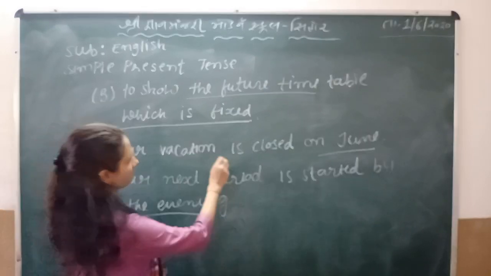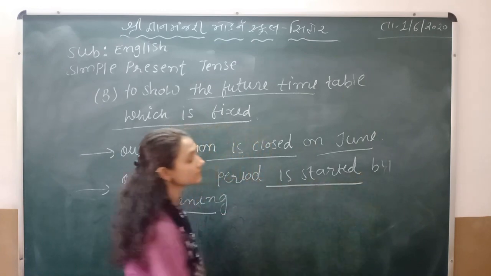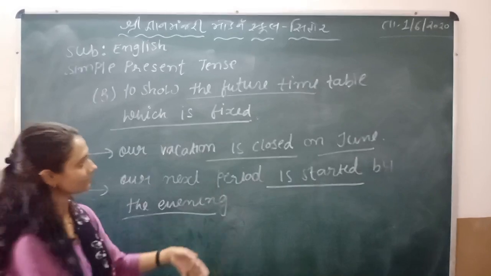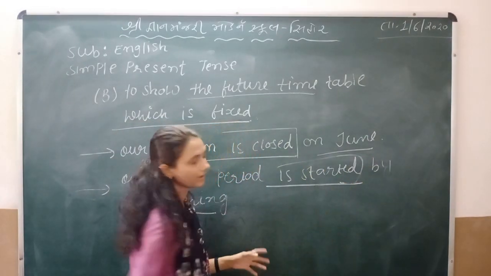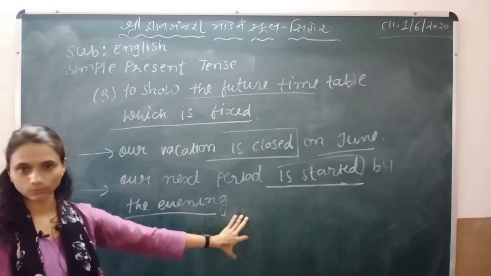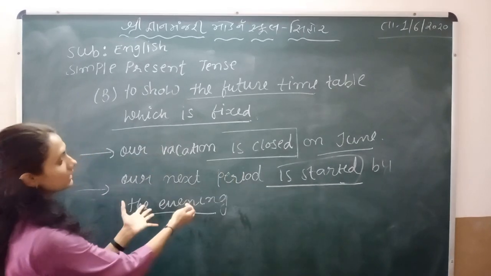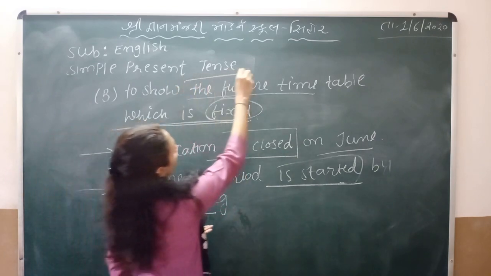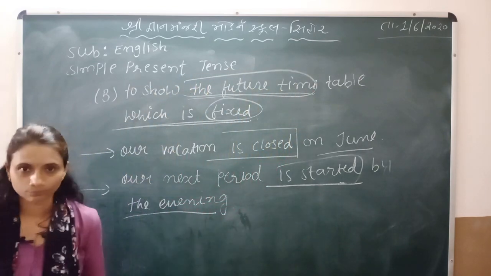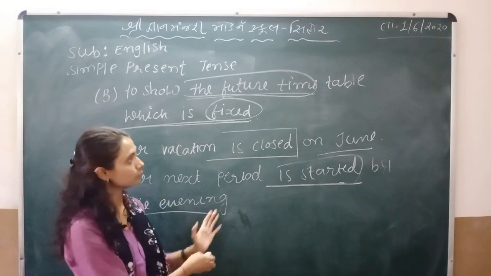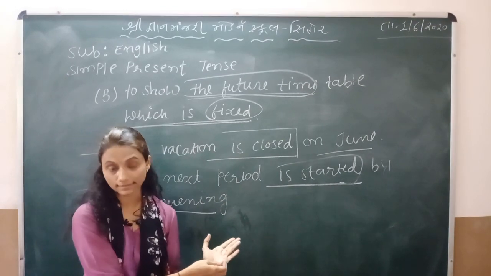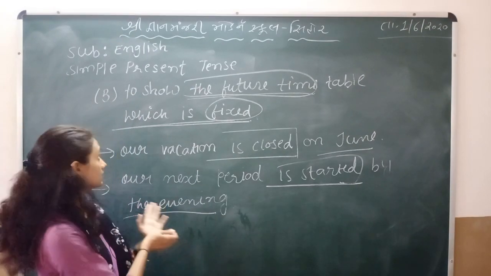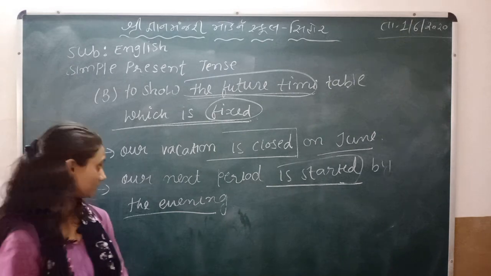But even then we have used simple present tense, and for your information I must tell that here we have used the passive voice of the simple present tense, but in a way we are using simple present tense to show a fixed thing for future time. So this way we can use simple present tense to describe our future time which is fixed. This is the third use of simple present tense.